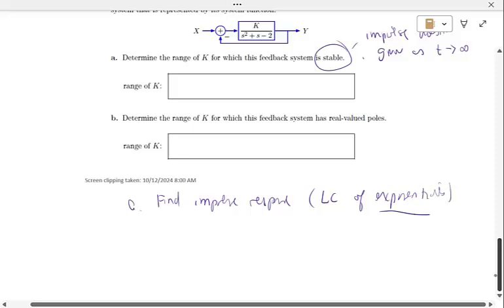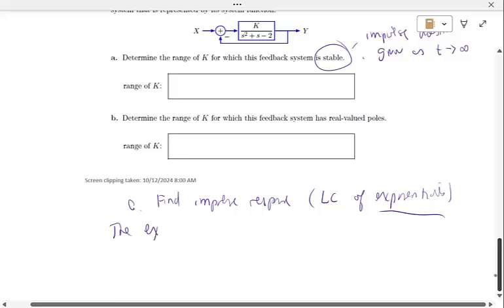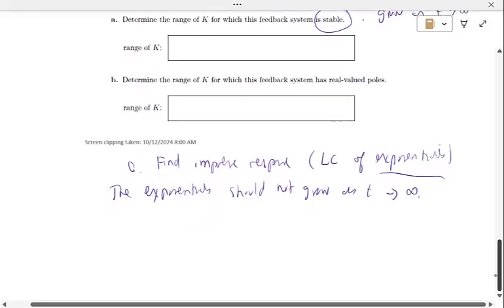And you need to make sure that those exponentials do not grow as t goes to infinity. All right, so this is an interesting question. We know that the exponentials will have the form e to the st. Now, what happens to this as t goes to infinity?